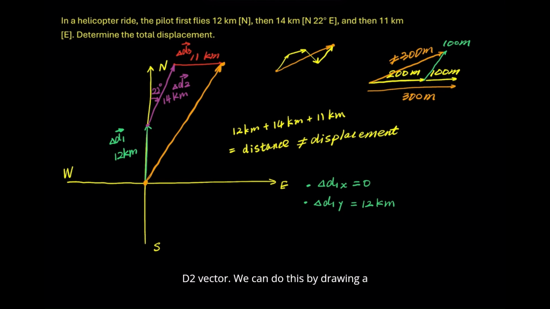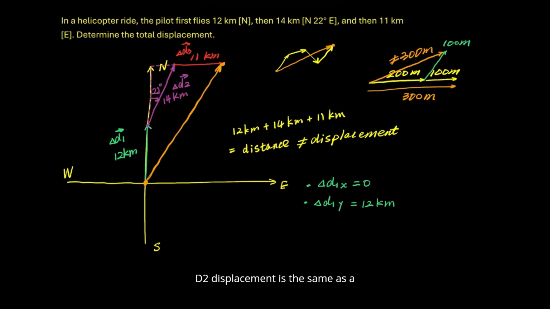Next, let's look at the delta D2 vector. We can do this by drawing a line from the end of the vector parallel to the horizontal axis, and a line from the start of the vector parallel to the vertical axis. We can think of it this way.